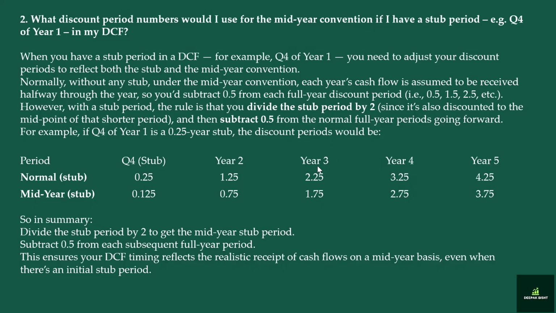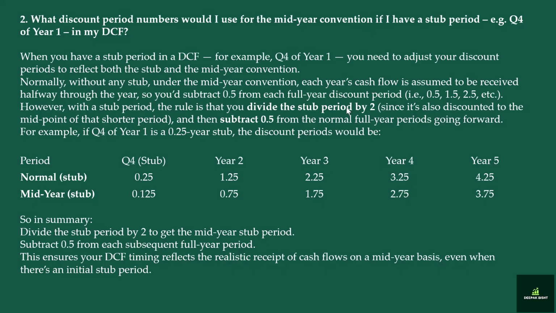And therefore, instead of discounting one year's cash flow by one, we discount them by 0.5. And year two, we discount them by 1.5. And year three, we discount them by 2.5. And effectively shifting each period back by 0.5 to reflect average receipt times.